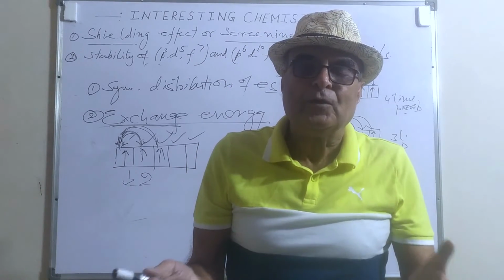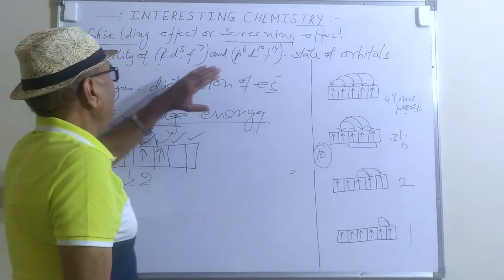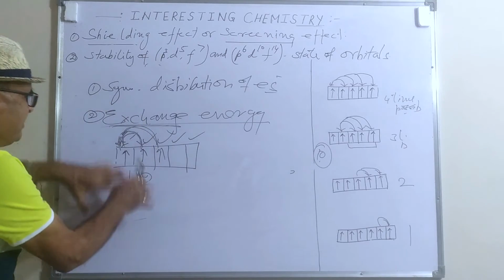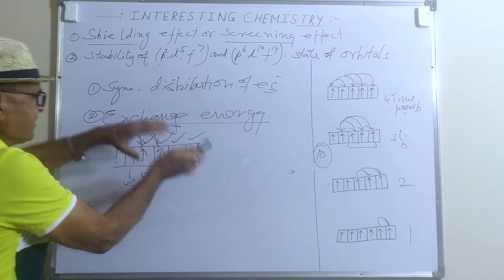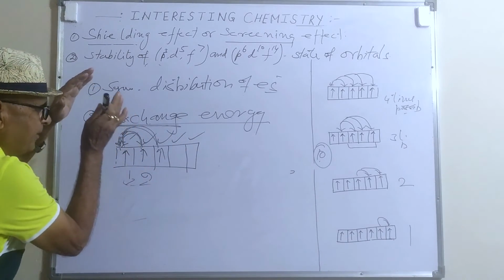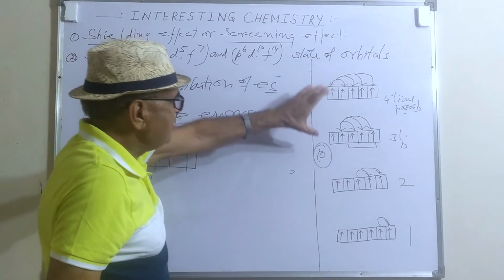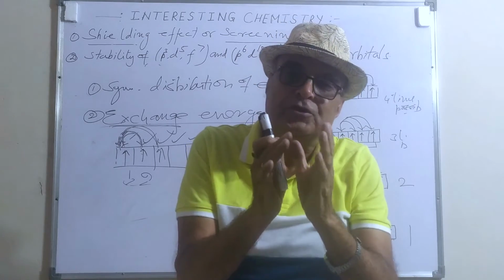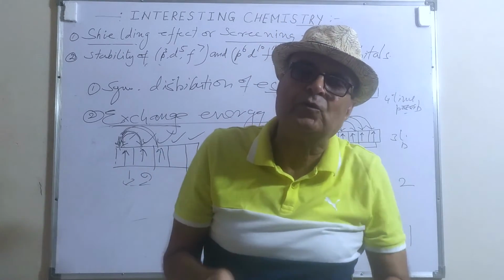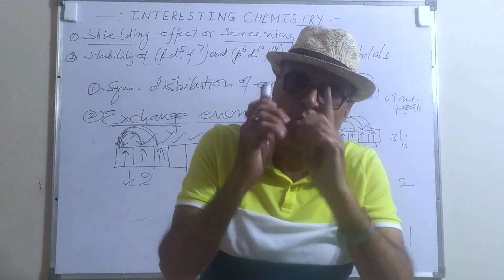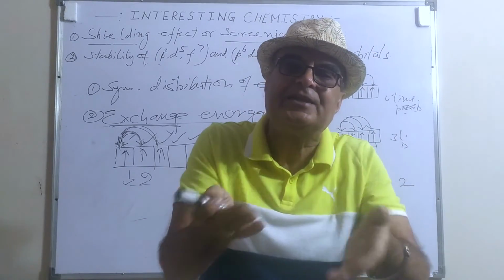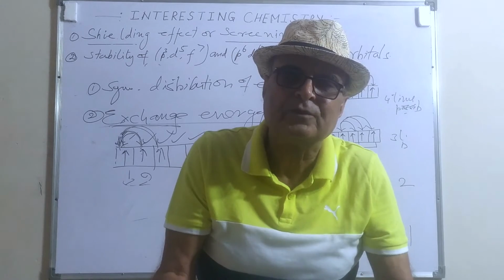partially filled d orbitals the exchange energy is minimum. The possibility of exchanging electrons will be minimum. So in this way, if the possibility of the exchange of the electron is maximum, the reduction in the energy will be maximum.